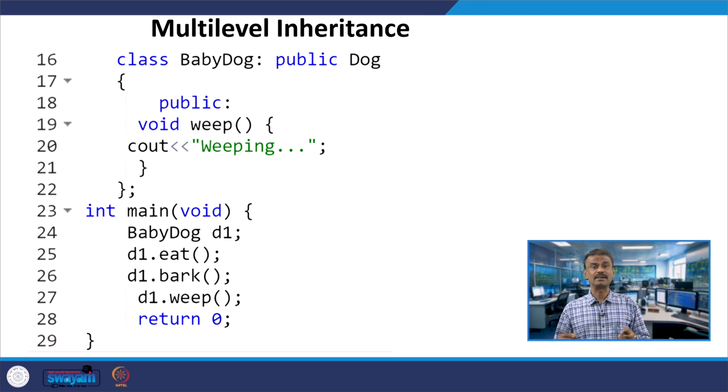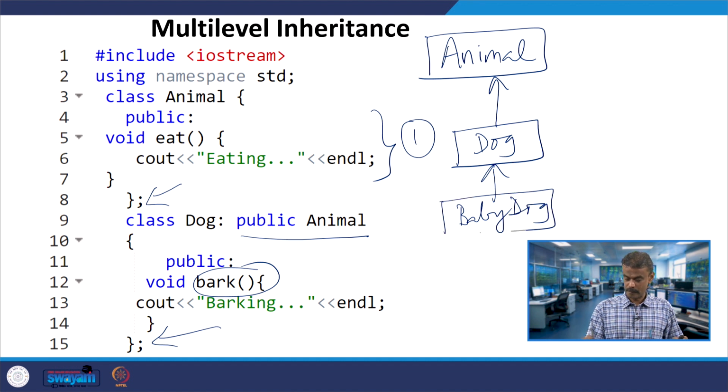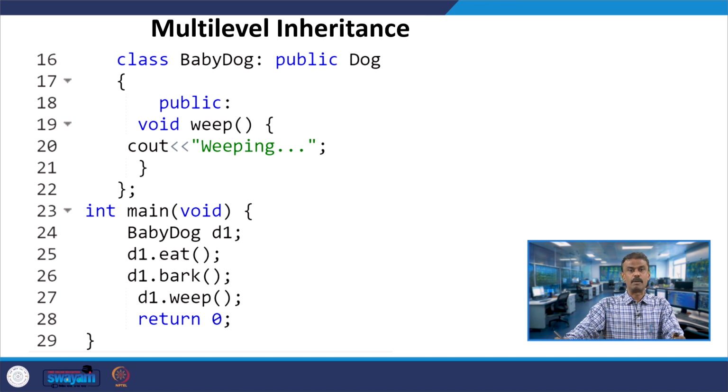Now you have another class, baby dog, which is publicly inheriting dog. Here you have one member function called weep, which prints weeping.